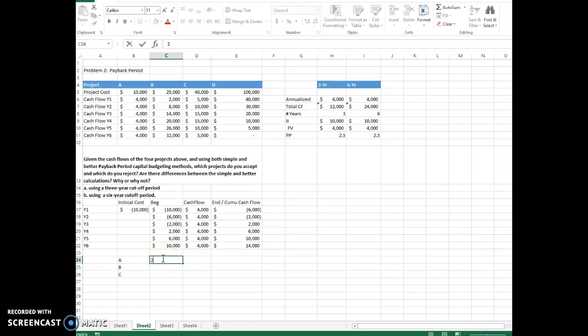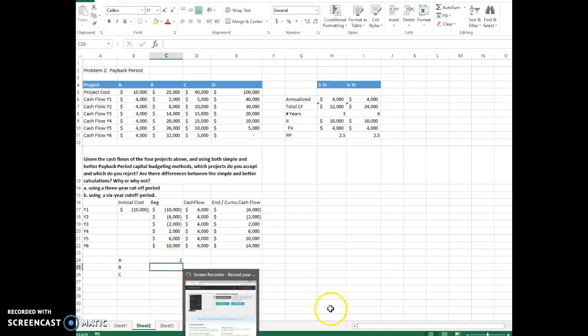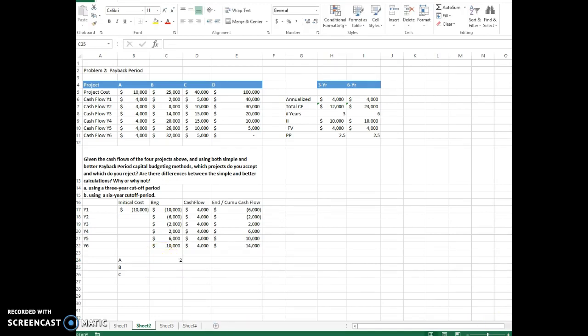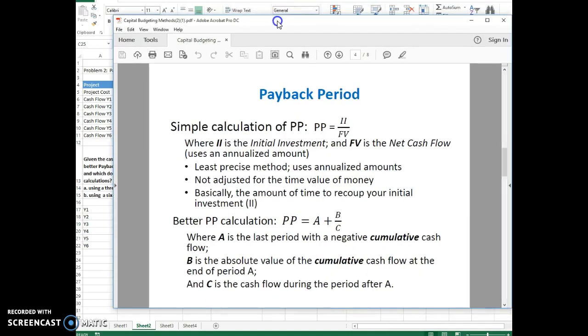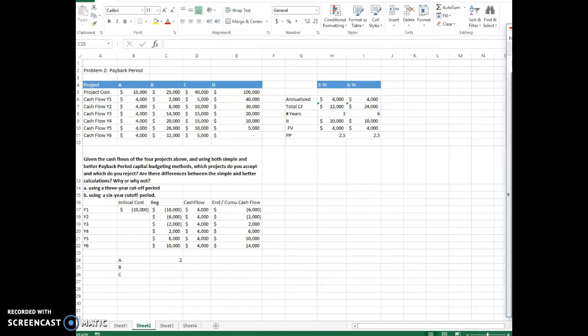So A is going to be equal to 2. B is the absolute value of the cumulative cash flow at the end of period A. Well, we know period A is 2. What's the absolute value of the cumulative cash flow? It's this, but the absolute value. So that's 2,000.